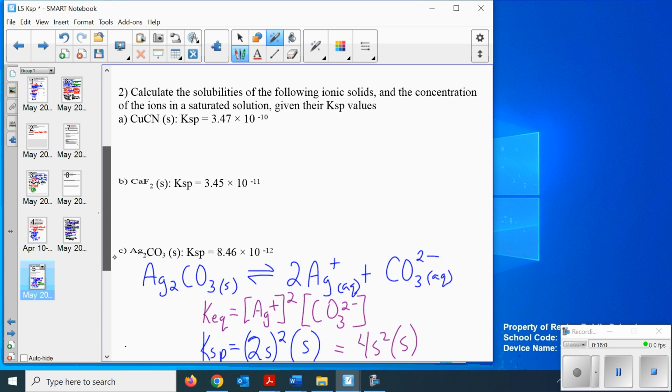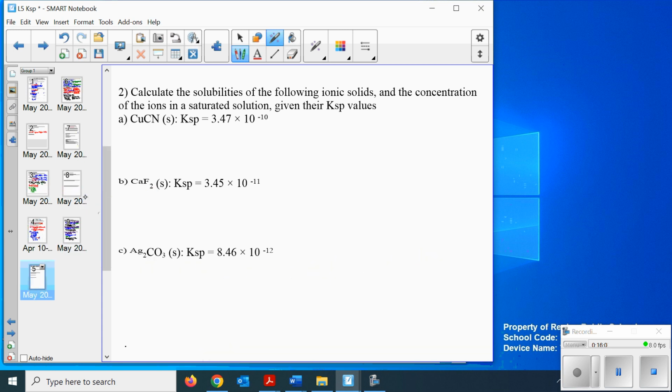If they're already in moles, then it would be really easy. So I'm going to just erase something here. Now, I'm going to ask you guys, last semester, you obviously picked C. Number 2, A, B, or C. I'm going to work through, this one is one where the Ksp is given. You have to find the S and then figure out that. Which one do you guys want to do, A, B, or C?